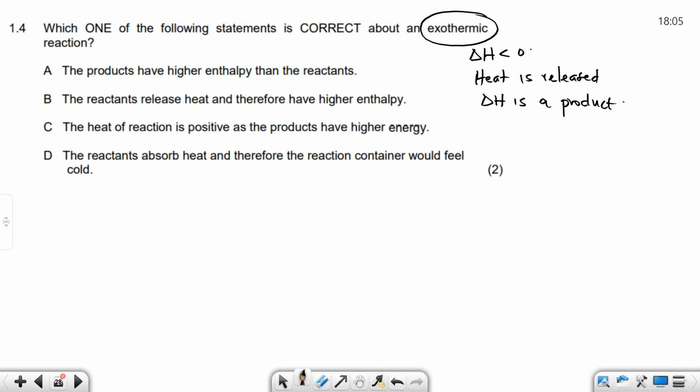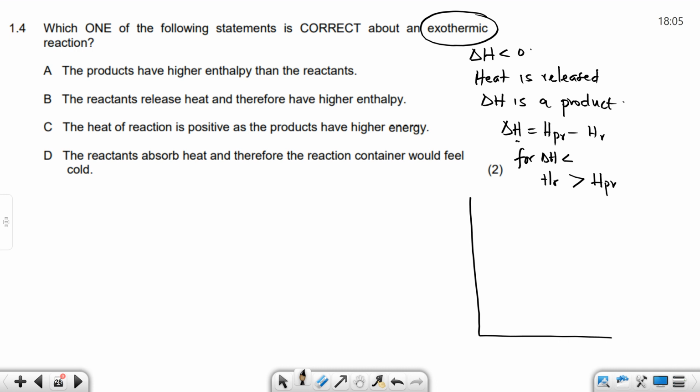The products have higher enthalpy? Where is enthalpy coming from? Delta H equals HP minus HR. For delta H to be negative, HR must be greater.